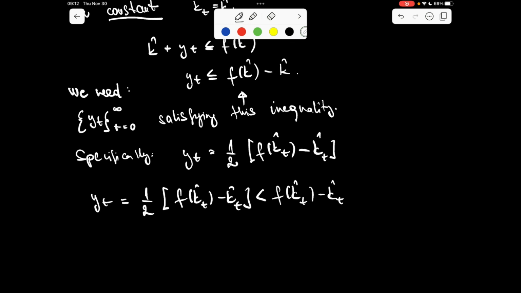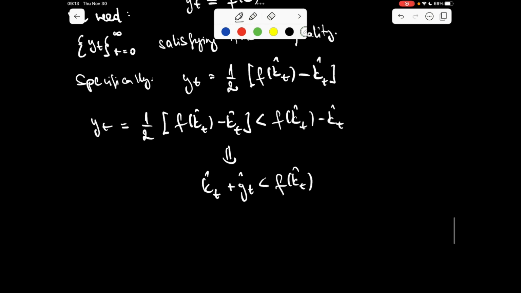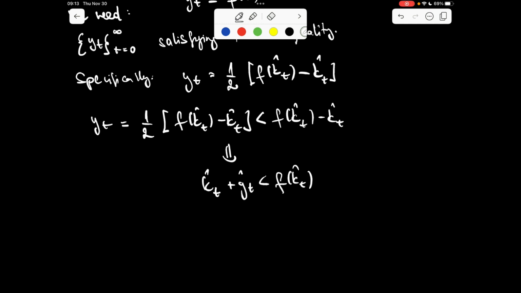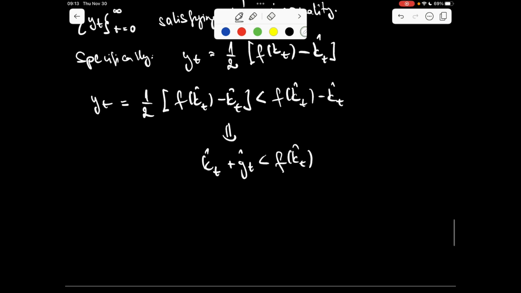So it's in the production set. And it's clear that this inequality also holds. So this is all we need to see that this capital path and this production path is in the production set.